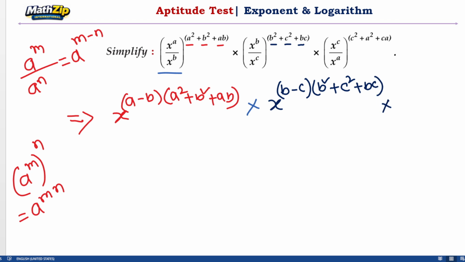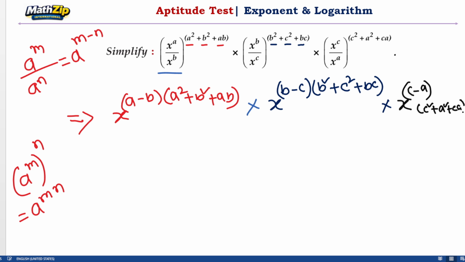Same thing again regarding this one, we can write (x^c divided by x^a), so x to the power (c − a) times (c² + a² + ca).